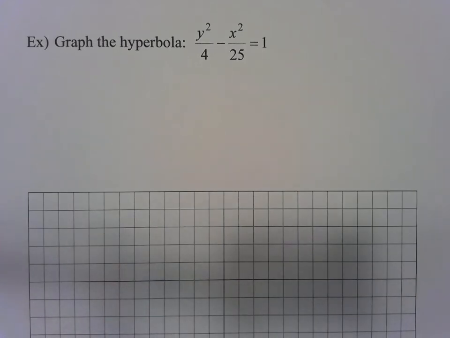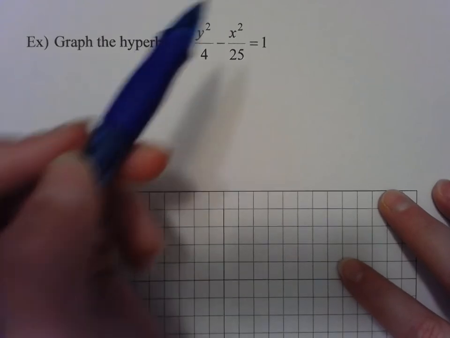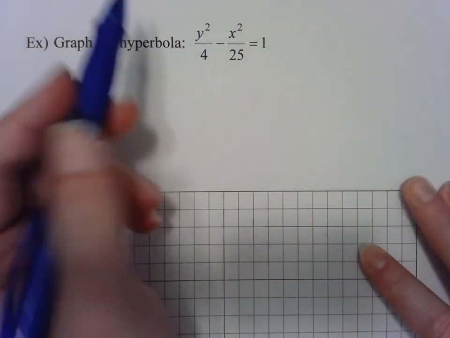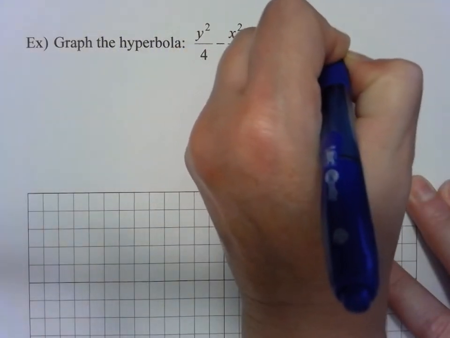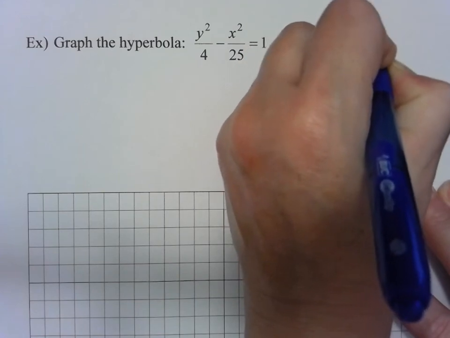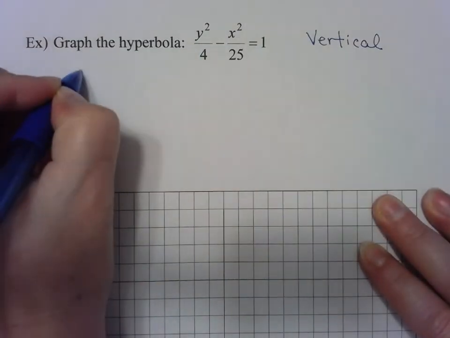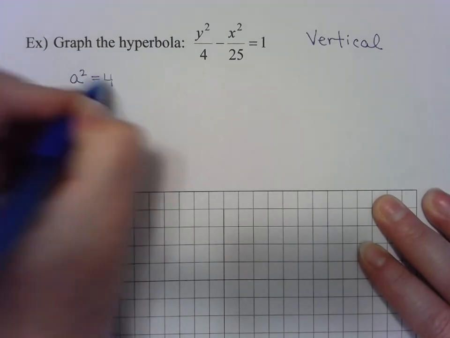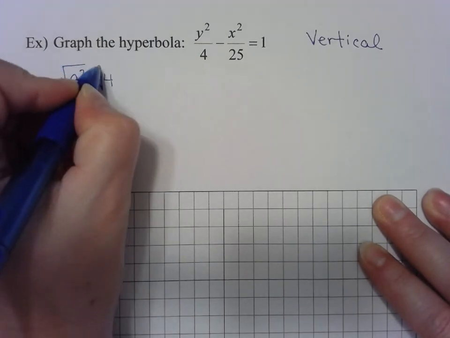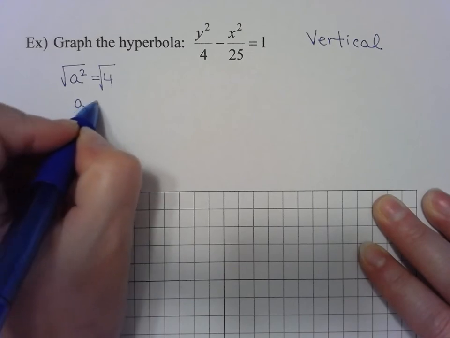Okay, so the question for you is this one horizontal or vertical? Notice the y comes first, so this one is vertical, which means that that 4 is a squared. So a would be 2.